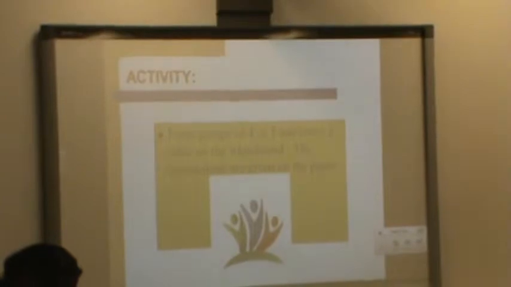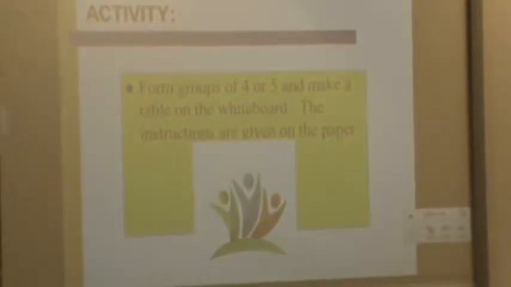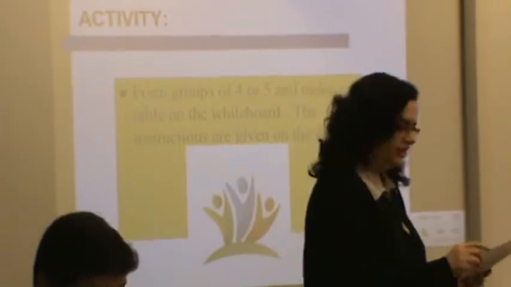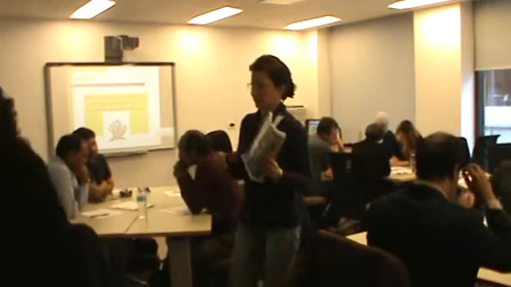So I would like you to form groups of 4 each, please. We'll have 4 groups in the class. This is a small activity we are going to do, and the instructions are very clear. Just groups of 4, please.